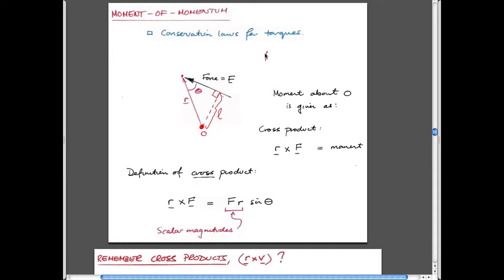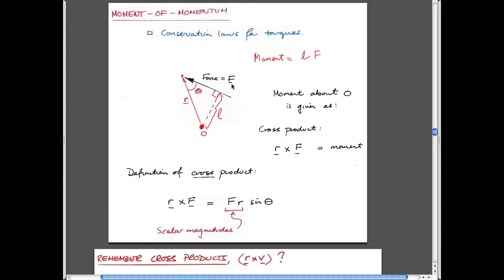So the moment in this particular case is going to be equal to, so this is moment, not mass rate. Let me write that out. It's going to be equal to the lever arm multiplied by the force.